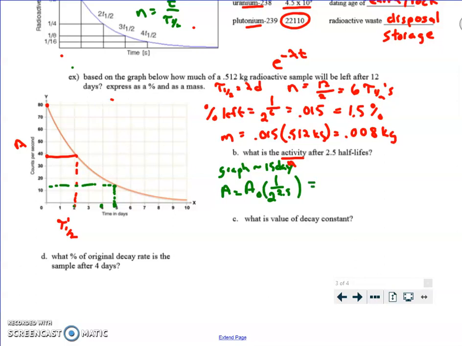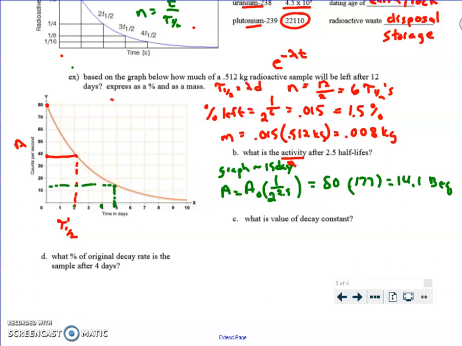So that's 80 was our original activity, times that ratio of 0.177. So if I multiply them, I get 14.1, and I really should put counts per second or Becquerel, because that's the units for activity. So that's another way you could do it.